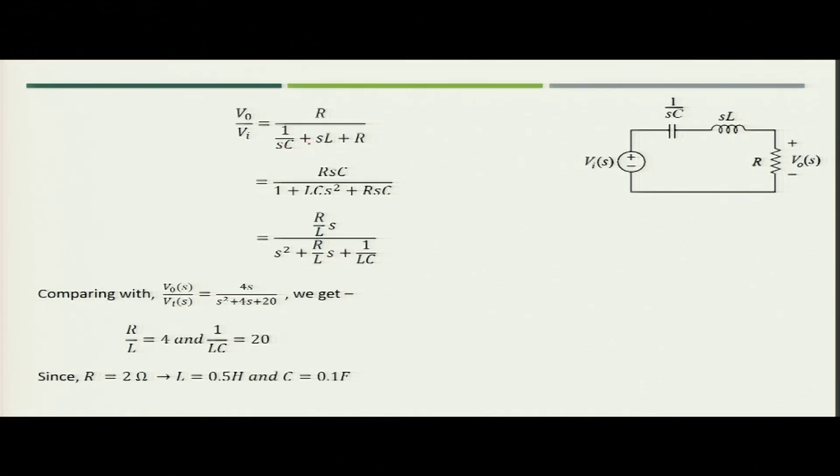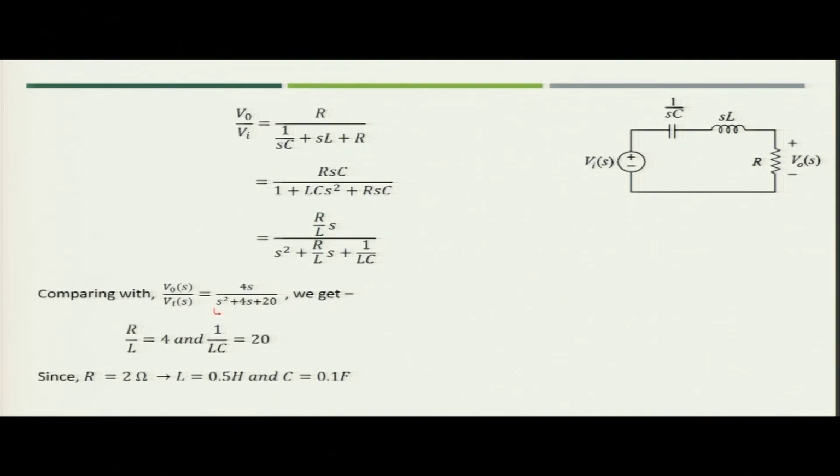So, we can write 1 upon SC plus SL plus R. When we rearrange, you can simply write R by L S divided by S square plus R by L S plus 1 by LC. Now, you have got this transfer function based on the unknowns which you have in the circuit.